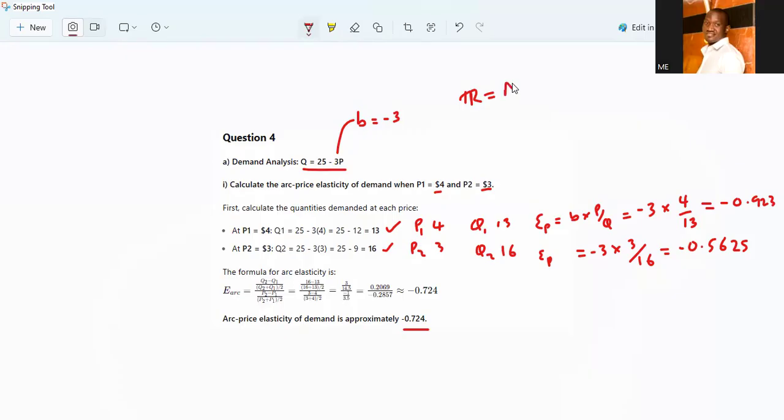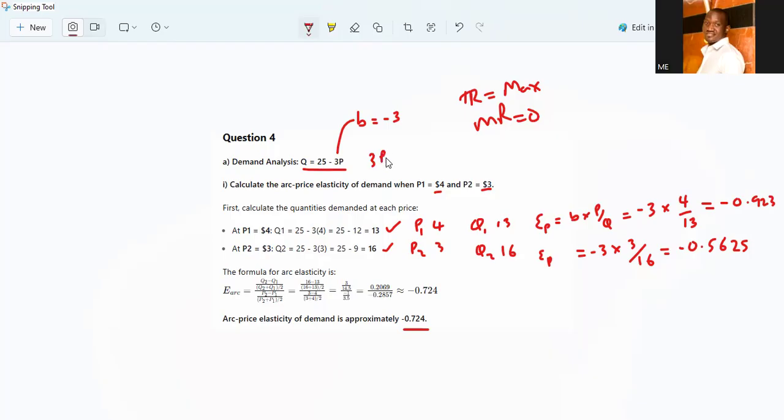The revenue is maximum when marginal revenue is equal to zero. I'm going to teach you calculus at a later point, but you must make P subject and you equate to zero, then you find the elasticity. So you need to find the inverse demand here.